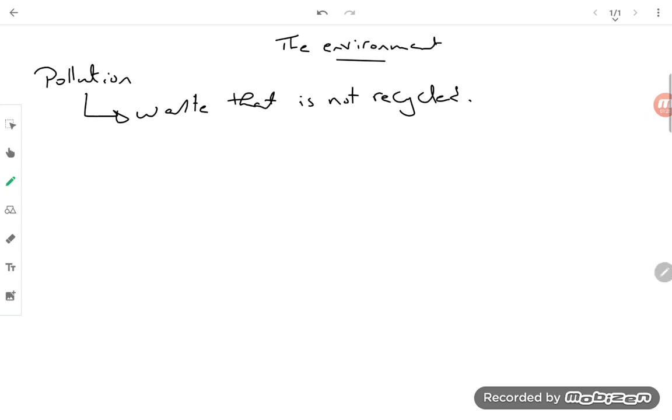Pollution causes one main problem, which is known as spillover costs, or in other words, negative externalities.